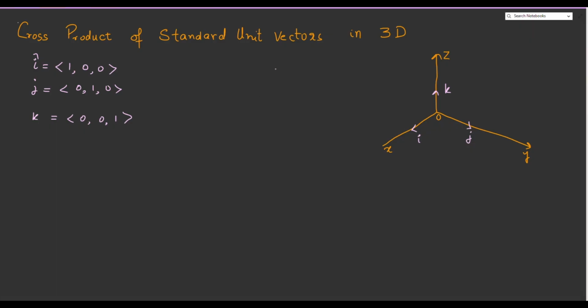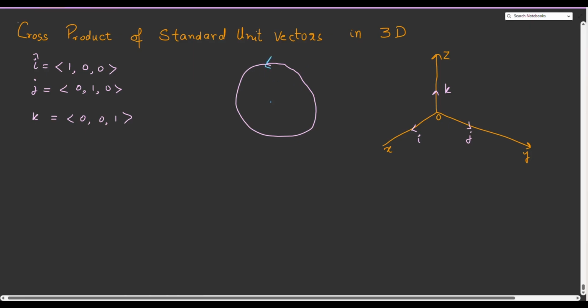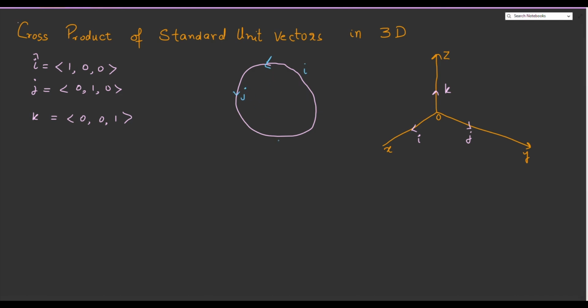How can you imagine this? First of all, you have to draw a circle, and on this circle you make an arrow anti-clockwise. Here you write the vector I, this is the vector J, and here we have the vector K. So what is I cross J?